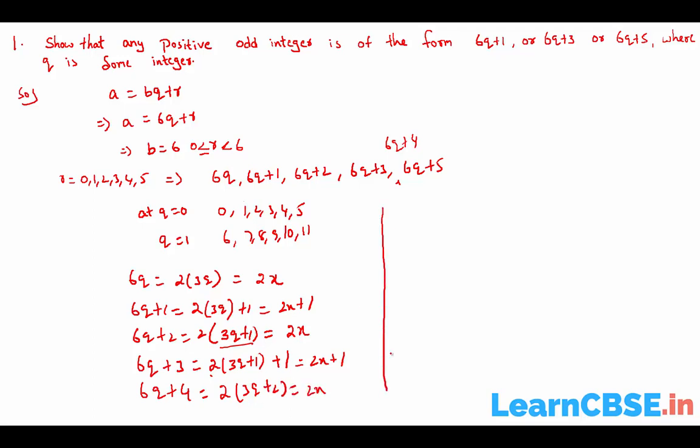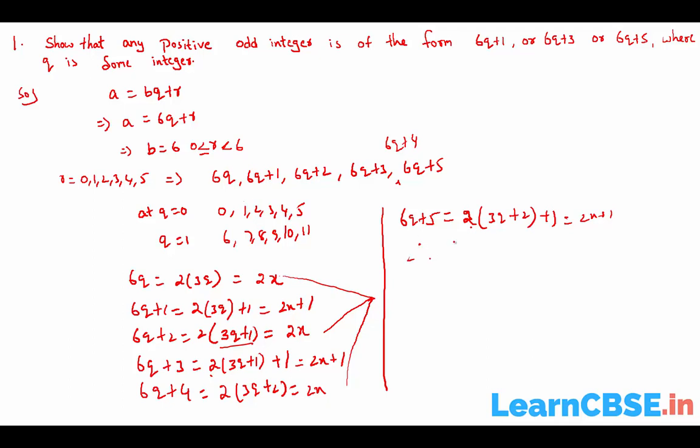At last 6q plus 5 equals 2 into 3q plus 2 plus 1, because 2 threes are 6q, 2 twos are 4, and the remaining 1 gives 5. So again this is in the form of 2x plus 1. All of you know the numbers in the form of 2 into something are even numbers, and 2x plus 1 are odd numbers, because even plus 1 gives an odd number.